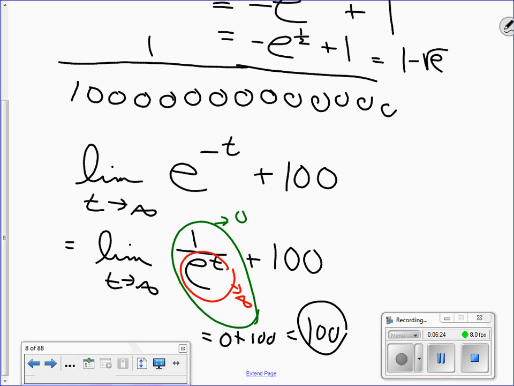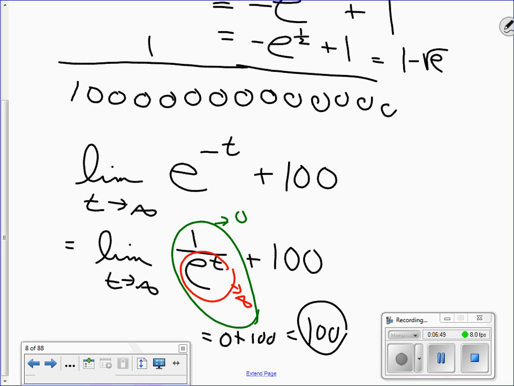Now, if that was not a negative t, but a positive t, what do you think the limit would be? e to the infinity plus 100. Infinity. With infinity, it's really important: if that infinity is in the numerator, that's infinity. If the infinity is in the denominator, that's 0.